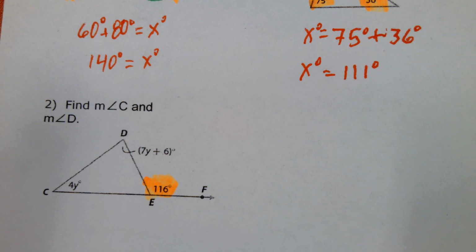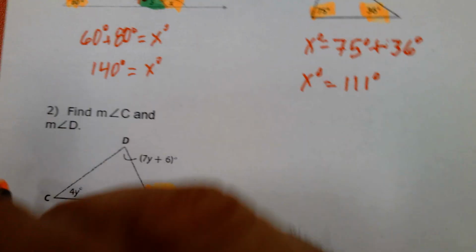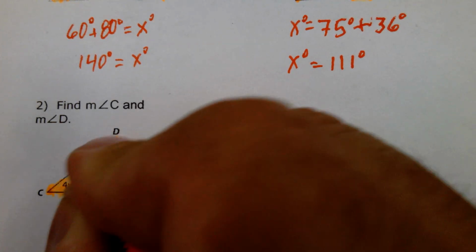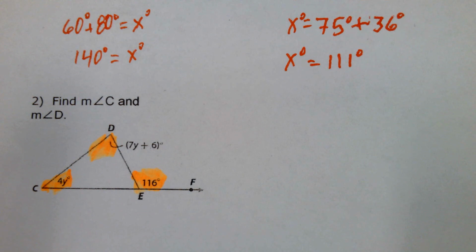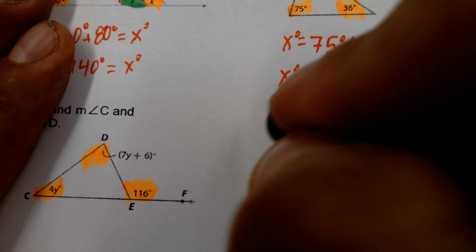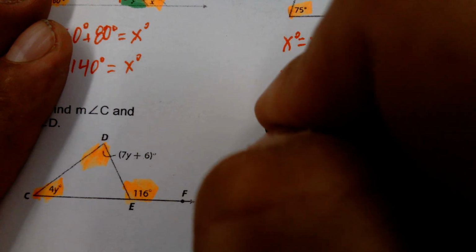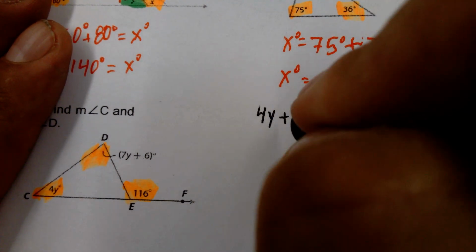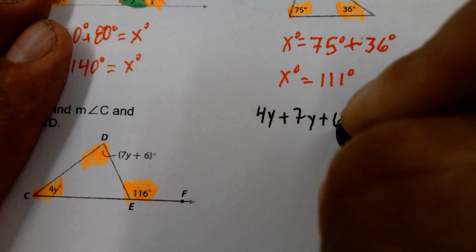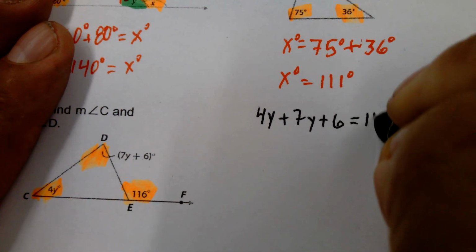Yeah, we got to add these up. These are the two non-adjacent angles. So we add up, we create an equation. So much of what we do, and especially next year, is going to be stuff like this. We know that 4y plus 7y plus 6 equals 116.